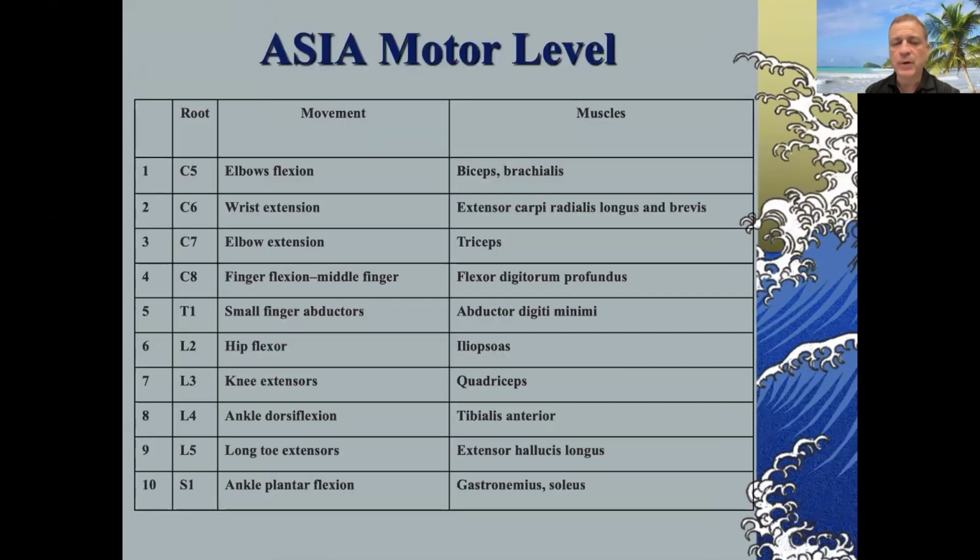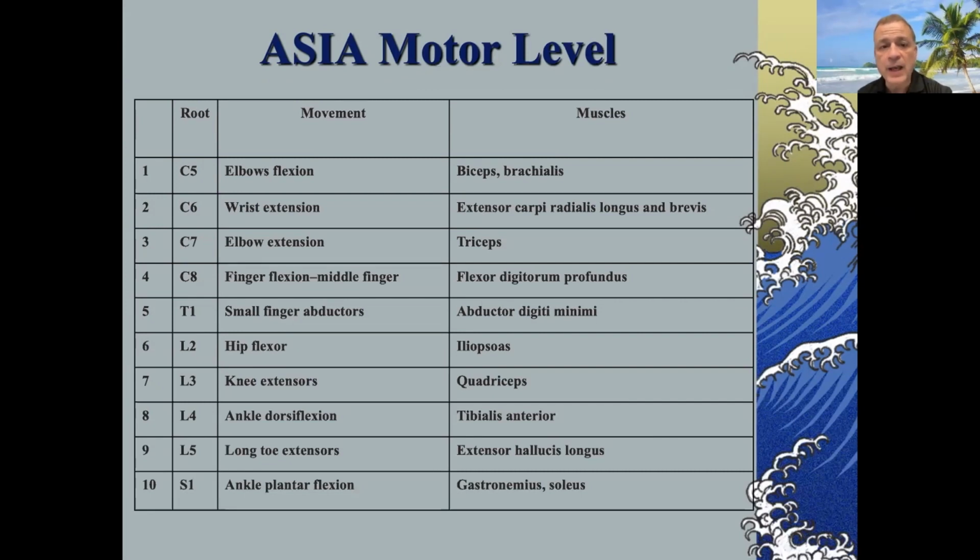So that's the ASIA Impairment Scale with regards to A, B, C, D, or E, but then there's also levels that you can define. And this is based on key motor groups that you examine. I'll give you an example, you can read the table here, but if somebody has no motor function in their hands and legs, but they have deltoid, biceps, and wrist extension that is greater than 3 on 5, then they would be ASIA A C6.